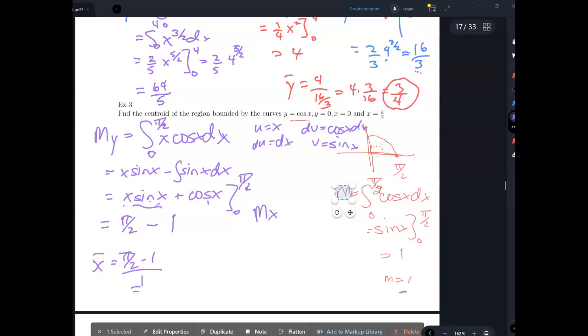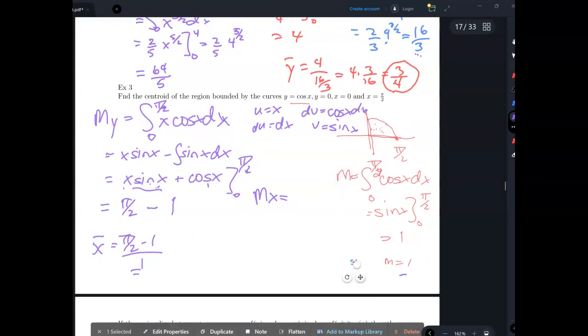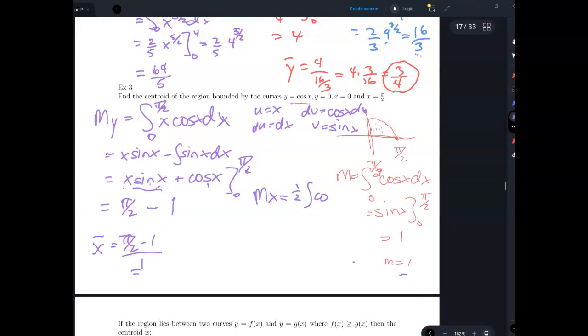So the m sub x is going to be using my moment about the x-axis. So that's 1/2 f of x squared between 0 and pi over 2.